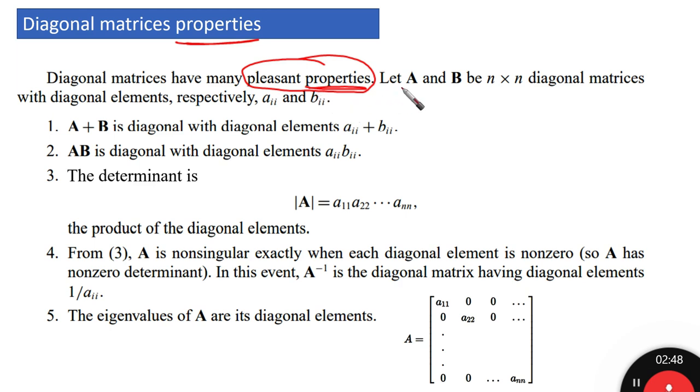Let A and B be n by n diagonal matrices. So we assume that A is a diagonal matrix and B is a diagonal matrix.